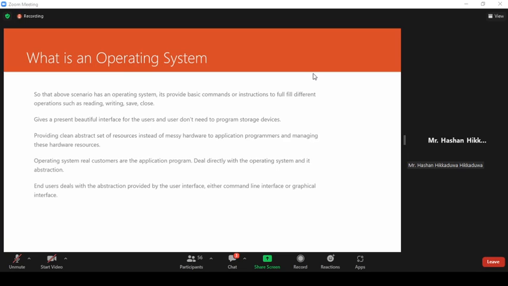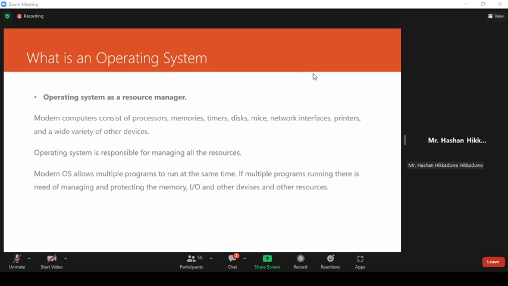Sometimes we enter different commands, so we can use the command line interface. Go to your search bar, type CMD and press enter. Then you can see the command line for Windows. Likewise, the abstraction provided by the user interface.